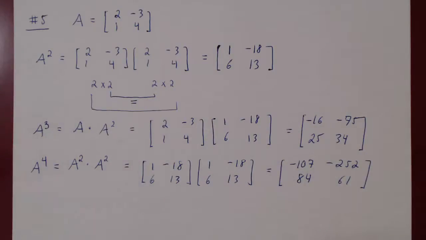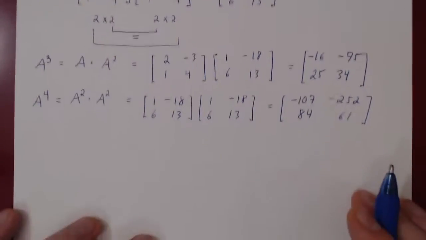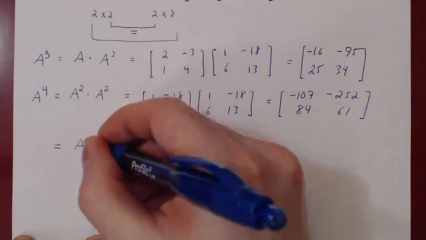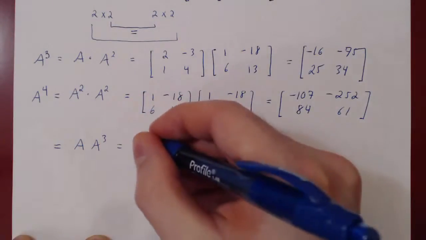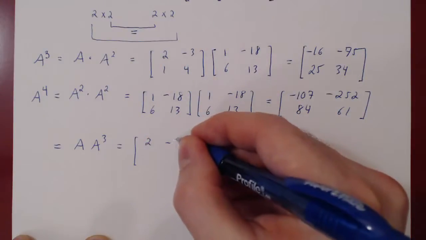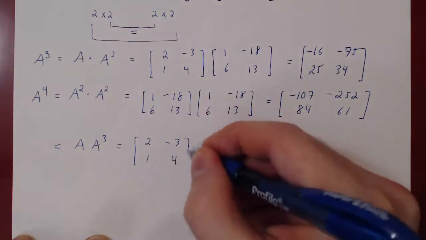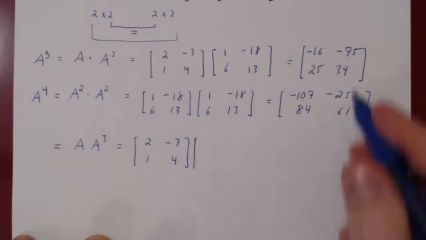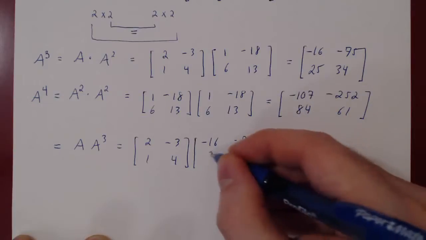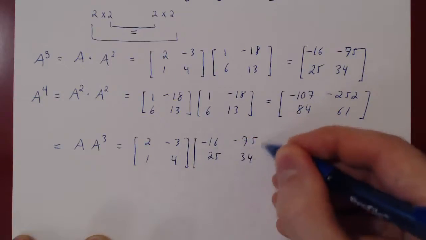Just for good measure, let's do A times A cubed and see that we get the same answer. Matrix A, 2, negative 3, 1, 4, times A cubed, negative 16, negative 75, 25, 34.